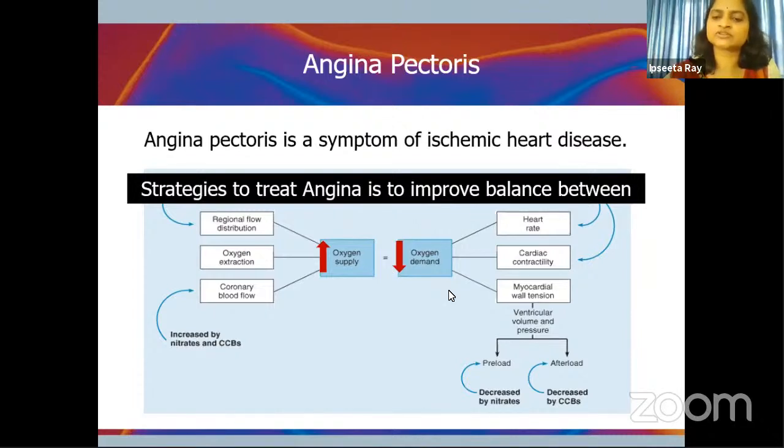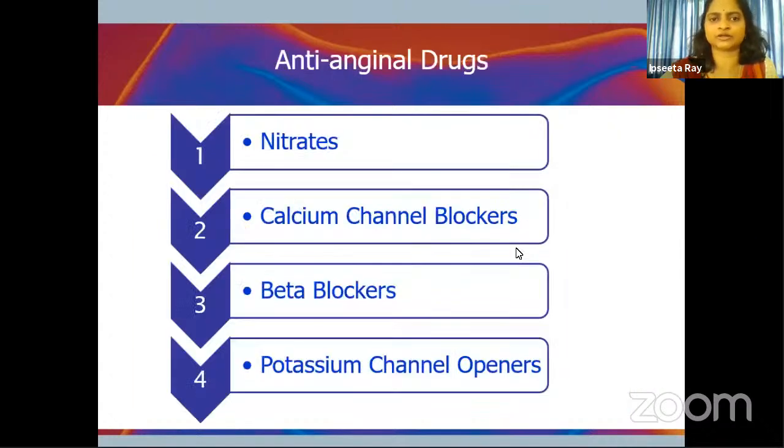So drugs which cause venodilatation will reduce the preload, and also drugs which reduce the heart rate and force of contraction will reduce the oxygen demand. Therefore, anti-anginal drugs will either reduce the oxygen demand or increase the oxygen supply, and therefore will be useful in angina pectoris.